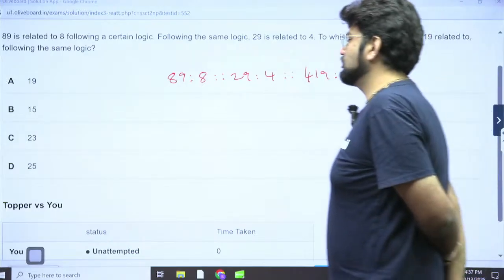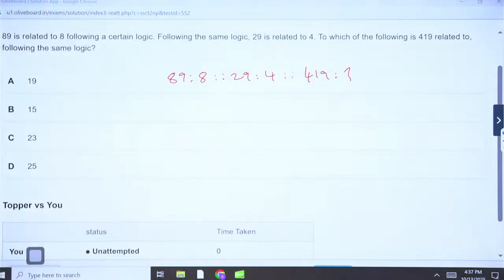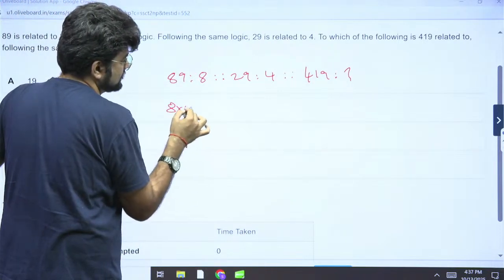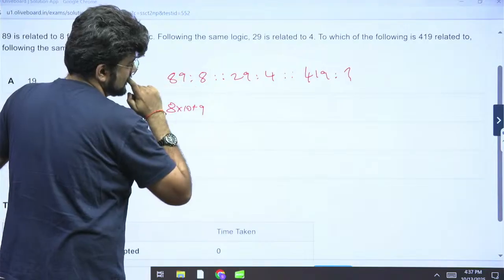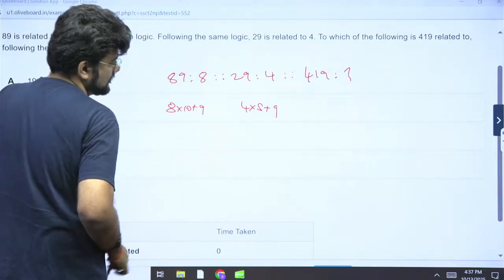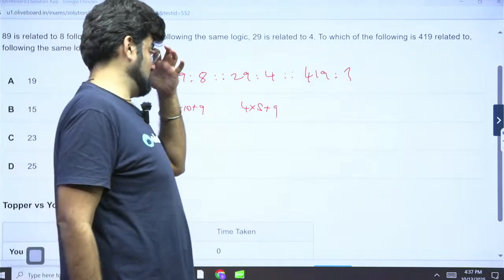I think let's try to bring the first term from the second term. So we have 8 and 89. This can be 8 into 10 plus 9. But this is not following here. 4 into 5 plus 9. So 8 into 8 plus 2 plus 9. 4 into 4 plus 1 plus 9. No, that's not working out.